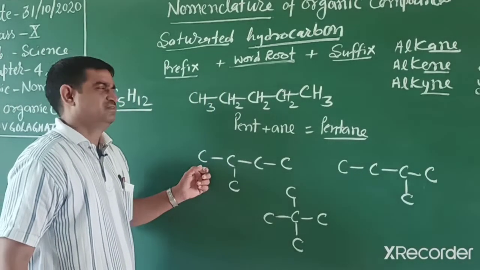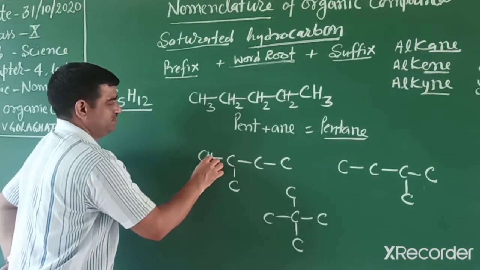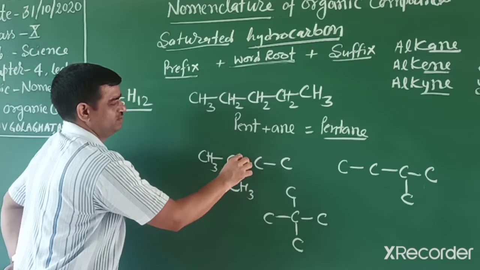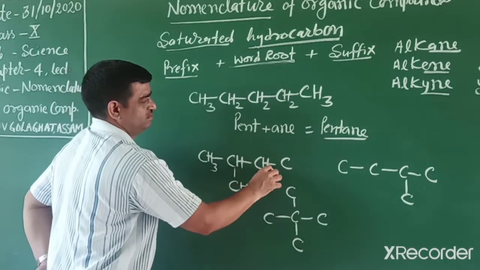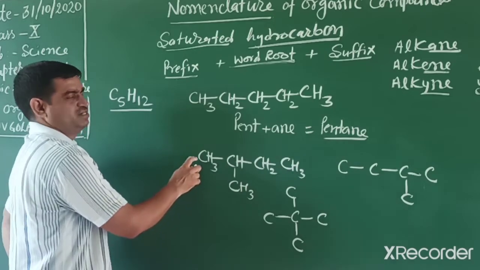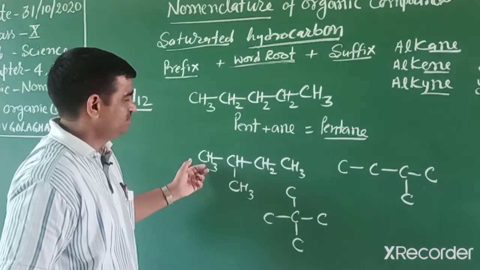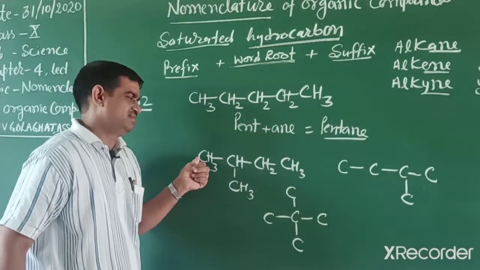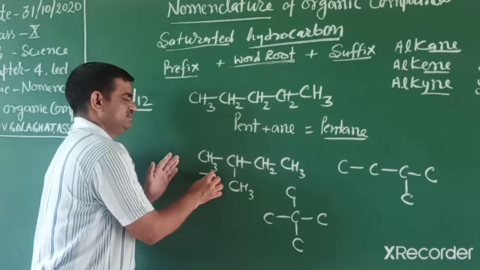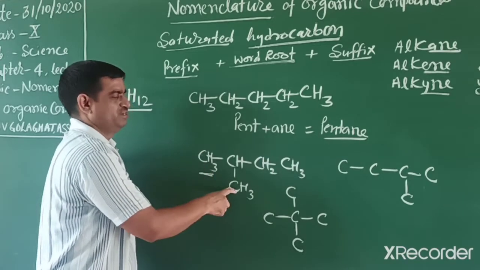Now we write the second compound. So first we complete the valency by writing the hydrogen in this way. So students, what is the name of this compound? This compound has 3 ends, this side, this or this. Where CH3 is written, that is an end, a terminal point. You can start counting only from these points.